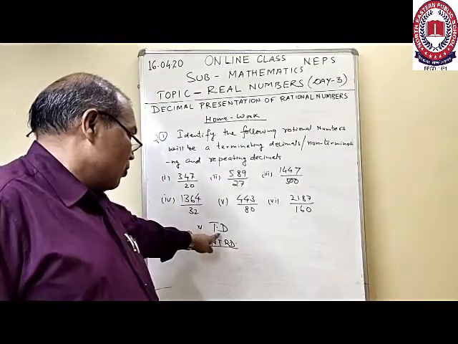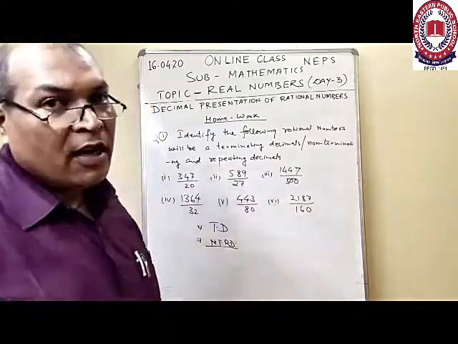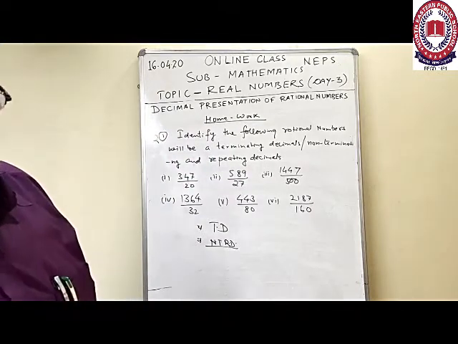Number 1, it shows terminating or non-terminating. You will be replying with the result only, whether it is a terminating decimal or non-terminating decimal, in your WhatsApp group to me.